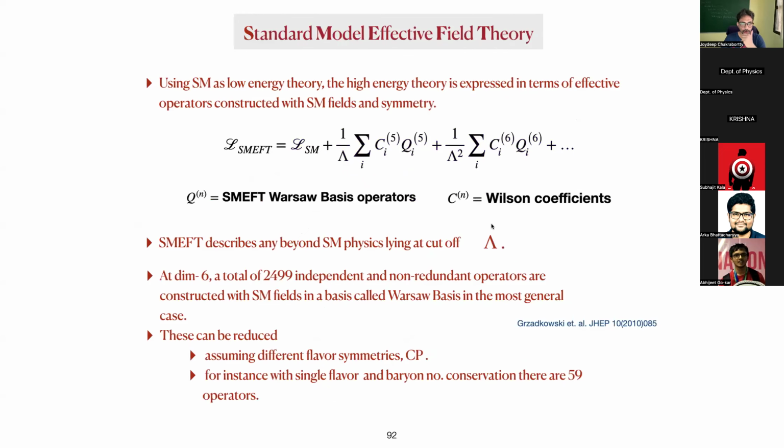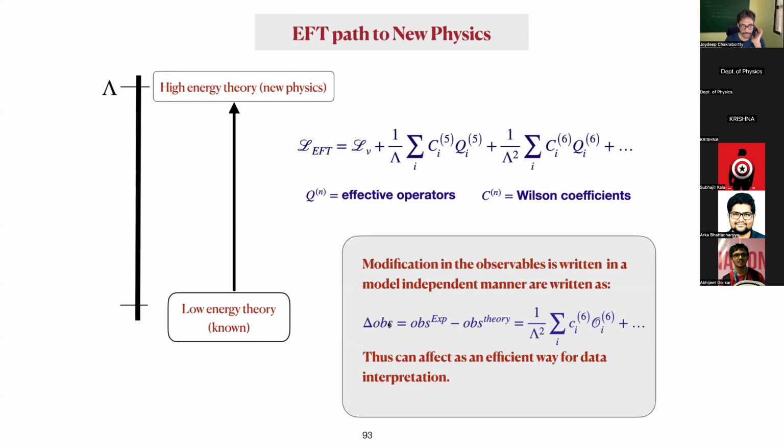Now, the standard model effective field theory describes, and is expected to describe, the physics beyond the standard model, which is around Lambda, the cutoff scale, or beyond that. At dimension 6, if we include the flavor structures, there will be 2,499 independent and non-redundant operators, which form the Warsaw basis. But if we are blind to these flavor structures, then that reduces to 59, considering that there is no baryon number and lepton number violation. Then we'll work with those 59 operators only.